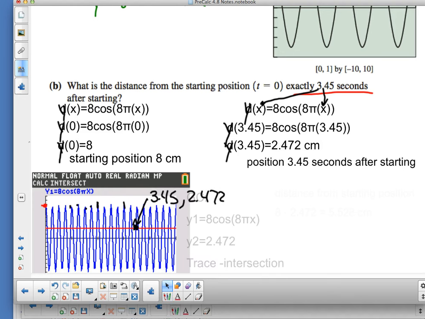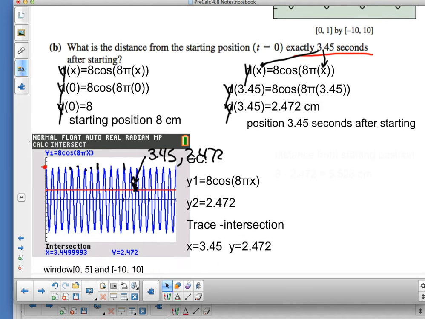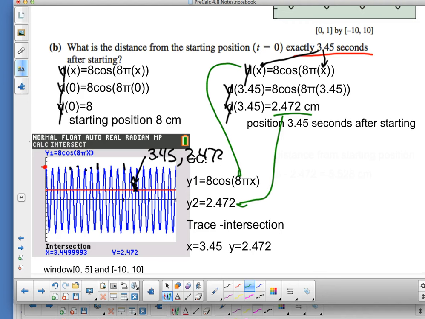So I want you to keep that in mind as we're going. My graphing calculator information is right there. I put it in y1 and y2 so I could check it out. That is my original function that I'm plugging in, and these are my values at 3.45.